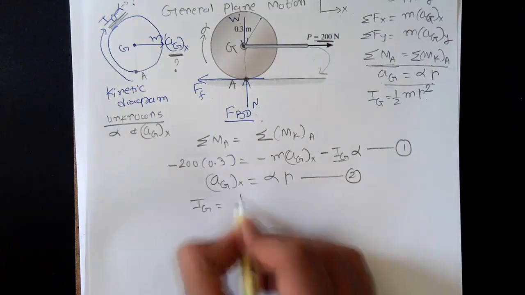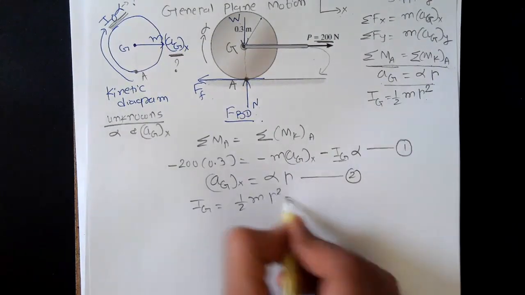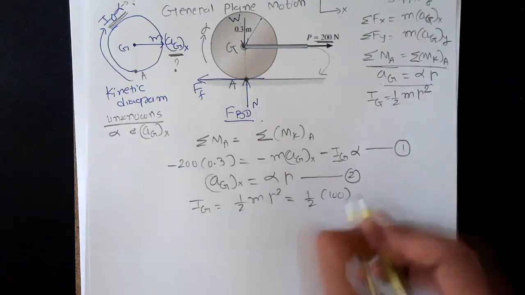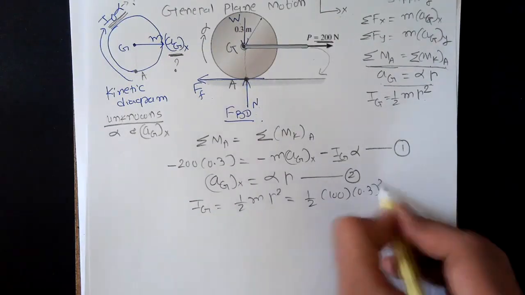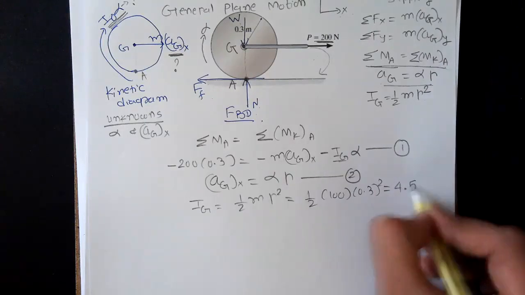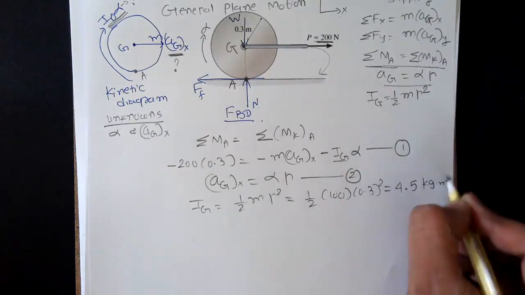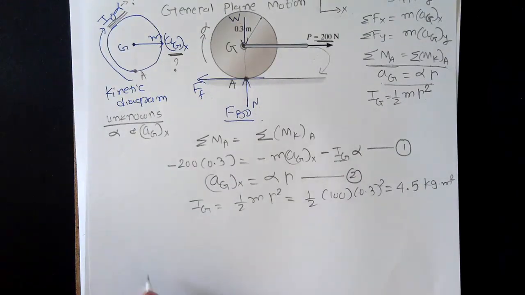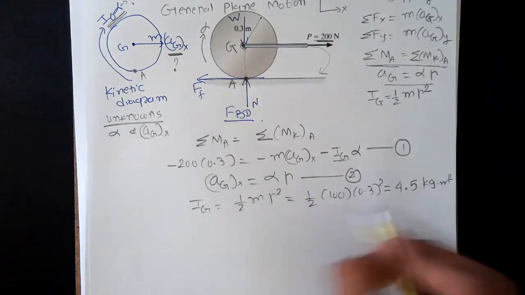Ig is 1/2 m r square for the disk. After you substitute the numbers, 1/2 into 100 into 0.3 square, we get 4.5 kg meter square. That's our moment of inertia about its mass center. And that's number 3.